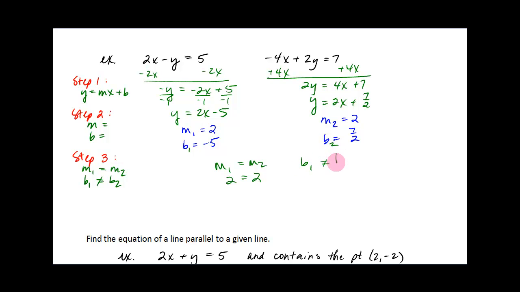Remember, we don't want them to be crossing at the same point on the y-axis, or otherwise they would be the same line. So b1 is negative 5 and b2 is 7/2. So those are not equal, so we can say that therefore these lines are parallel. Okay?